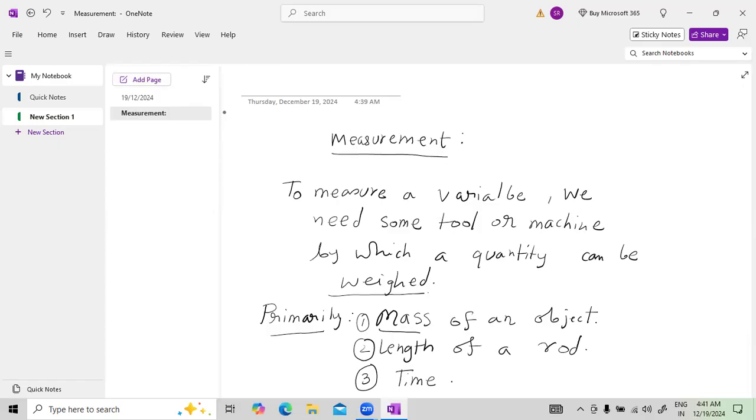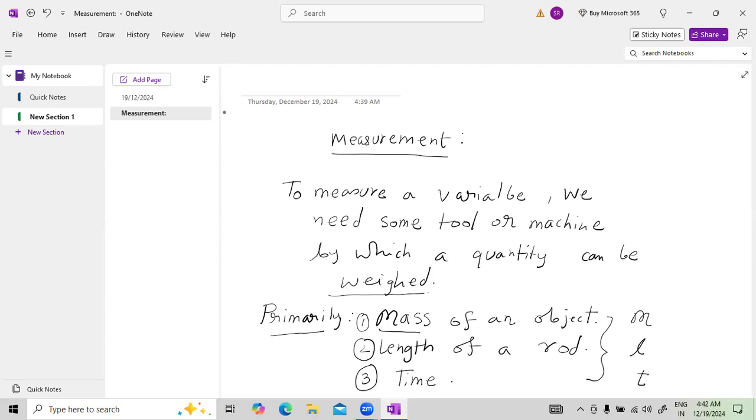These are the three basic quantities we measure. The mass of an object, we denote it by m. The length of a rod, we denote it by small l. And the time, small t. These three variables we do measure.